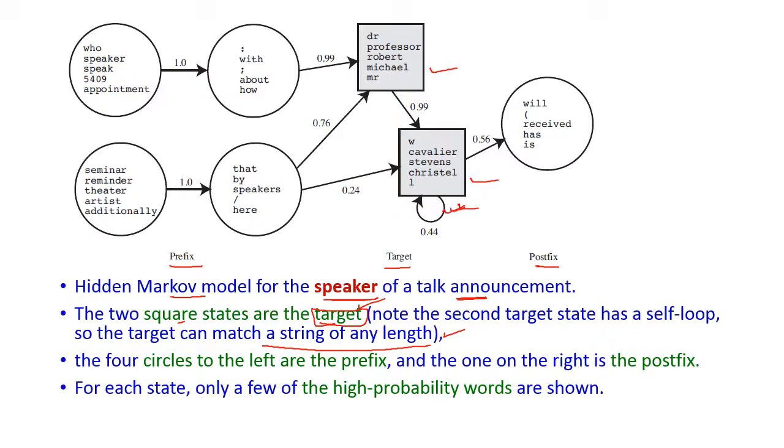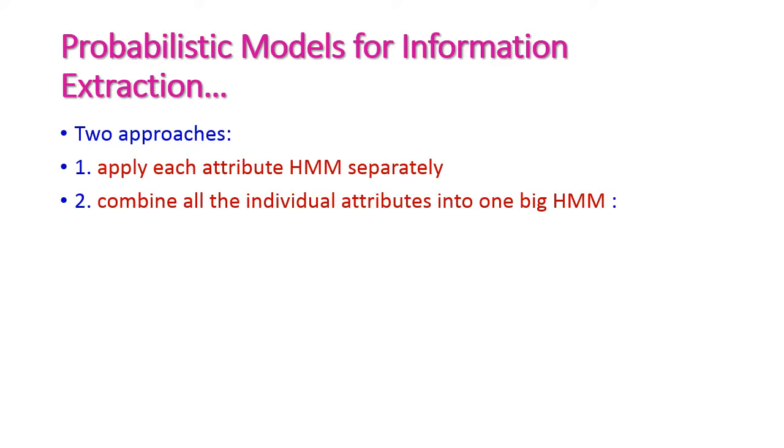The prefix has four circles and the postfix has only one circle on the right hand side. For each state only a few high probability words are shown in this diagram. In this model there are two approaches. The first is to apply each attribute HMM separately, and the second is to combine all the individual attributes into one big HMM.